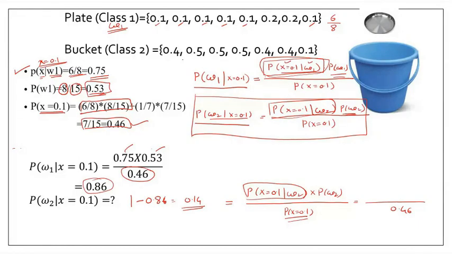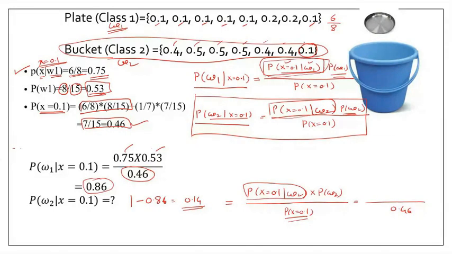Within omega 2, this domain is omega 2, how many times is 0.1 appearing? You just see here only one entry is there, and there are other entries of other diameters. There are 1, 2, 3, 4, 5, 6, 7 entries. Out of that, only one entry is of 0.1. So 1 by 7 is the chance of obtaining measurement 0.1 in bucket.